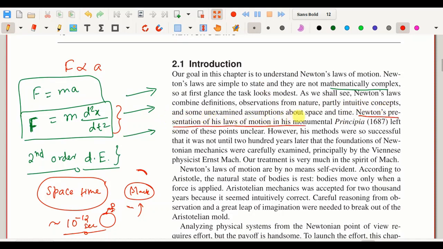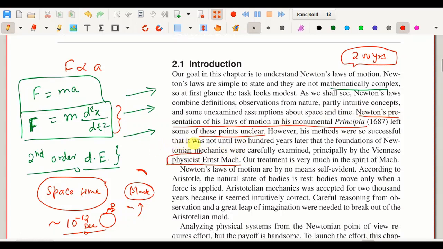presentation of his laws of motion in the monumental Principia in 1687 left some of these points unclear, like we don't know anything about them. However, his methods were so successful that it was not until 200 years later that the foundations of Newtonian mechanics were carefully examined, principally by the physicist Ernst Mach. 200 years later, not Einstein, but some other physicist named Ernst Mach.